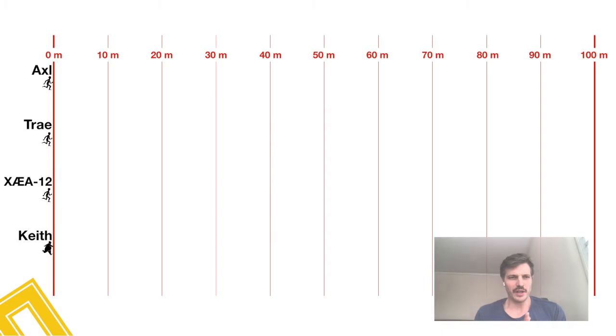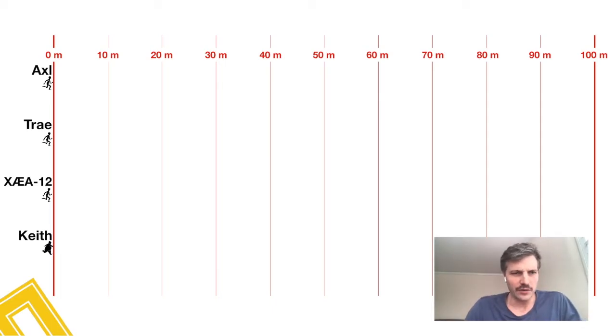So here's our running track, and as you can see, we've got 4 runners: Axel, Trey, Kyle, and Keith. They're all going to run the race separately, and we're going to measure laps for each 10-meter interval. Axel's going to go first, followed by Trey.